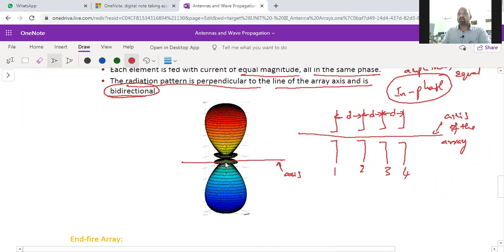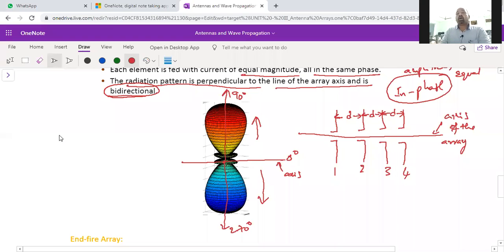If this is 0 degrees, this one is 90 degrees, and downward is 270 degrees, it is perpendicular to the axis of the array and bidirectional. Bidirectional in the sense it radiates in this direction as well as in this direction. That is called the broadside array.